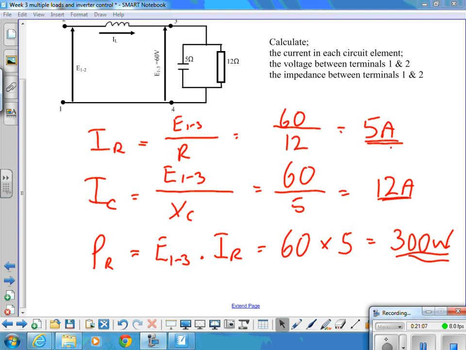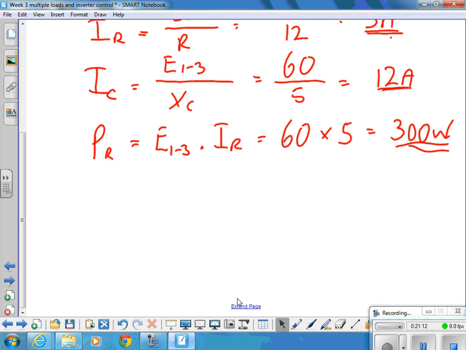Alright, what else can we find? If we can find P, but that's more correctly called P, Keith. What's the power term for the reactive component? Q, yeah. So we got QC, and that is equal to E13, same voltage, times IC.